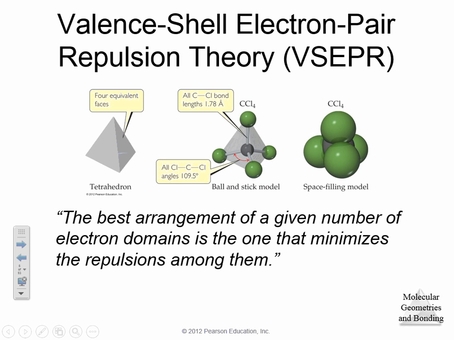So what is going to be the best arrangement given a married couple and 3 domains, or 2 married couples and 2 domains, or 5 bonds and 1 married couple? What's going to be the best possible way? Because remember now, electrons are negatively charged and they are going to repel each other. So these bonds are going to want to be as far apart from one another as possible and equally spaced. So the VSEPR theory gives us an idea how that's going to work.